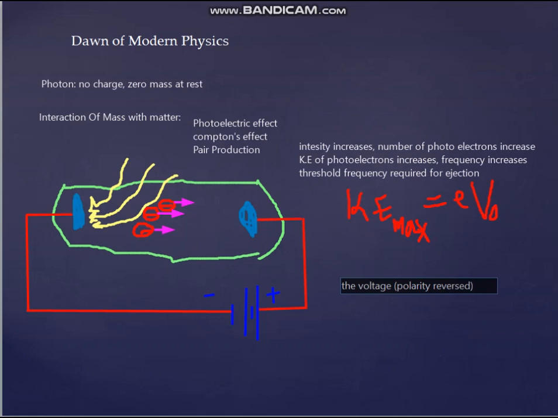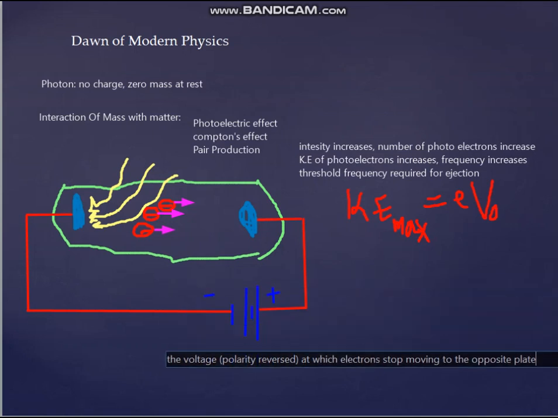So the voltage at which electrons stop moving to the opposite plate, this voltage will be called the stopping potential. Okay?